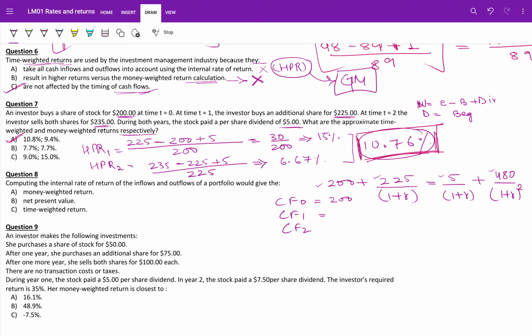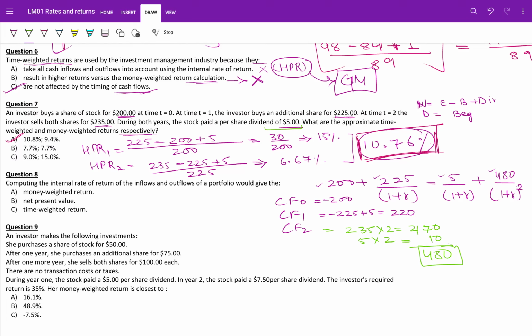Then we received a dividend of $5, so the 225 outflow, we add $5 here. This is going to give us 220. This is our cash outflow. Now for the cash inflow, 235 times 2 is 470, and we have two $5 dividends, so 10. This is our 480. This is our cash inflow.